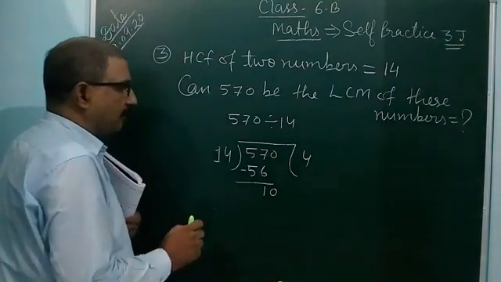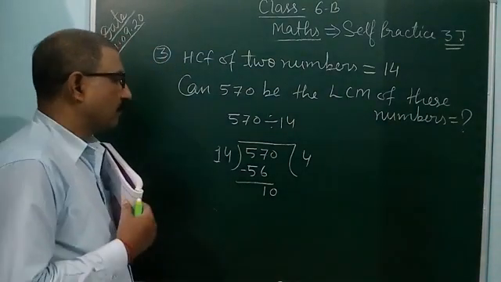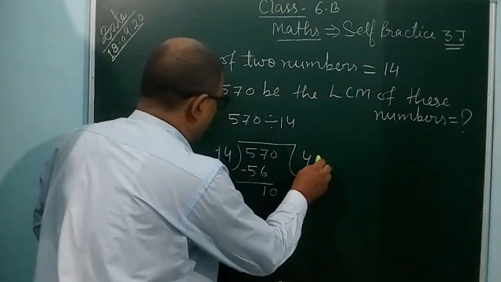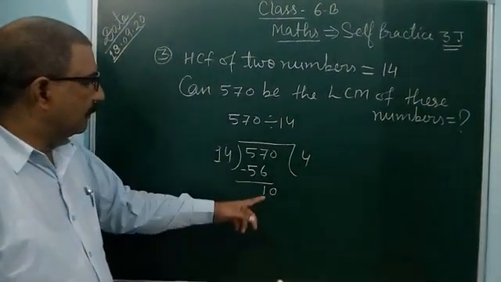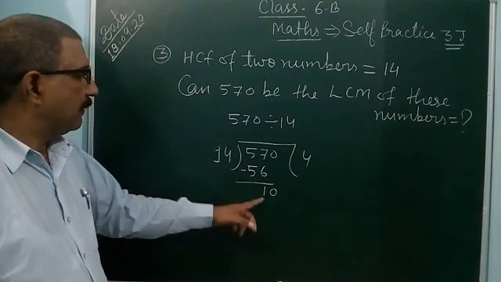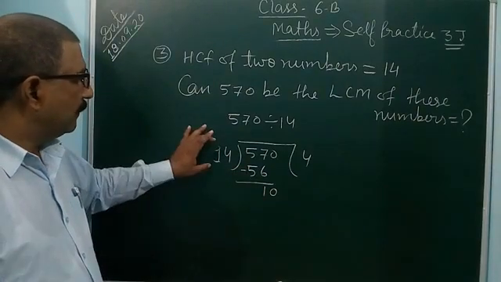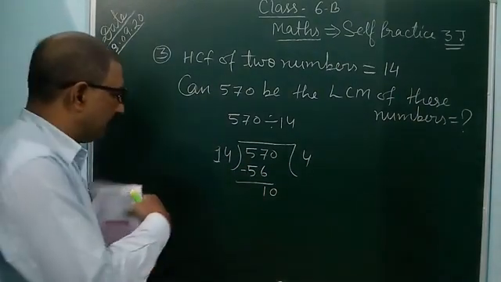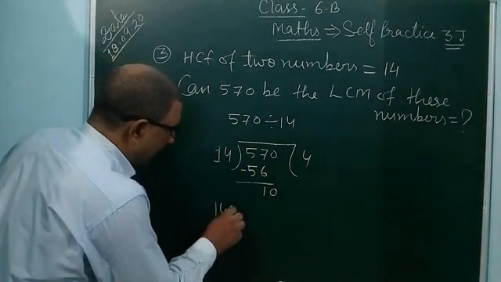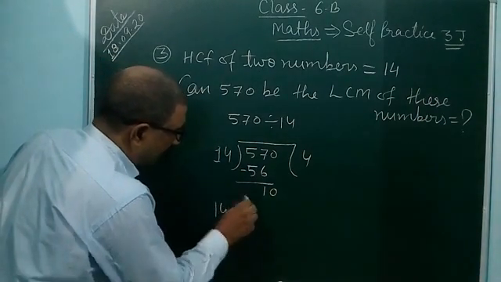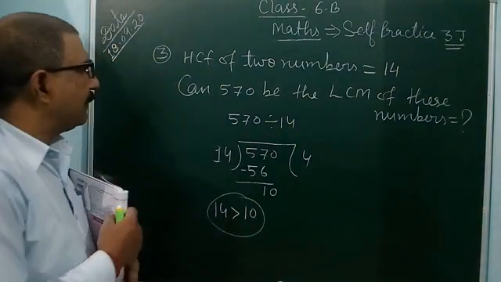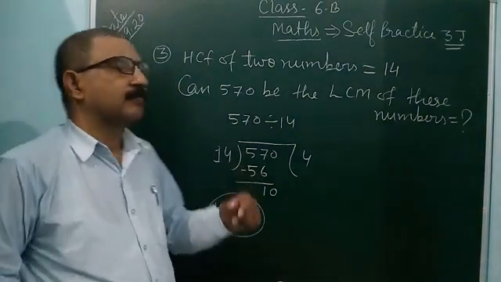Here the remainder is 10, and 14 is greater than the remainder 10. So 570 is not divisible by 14.